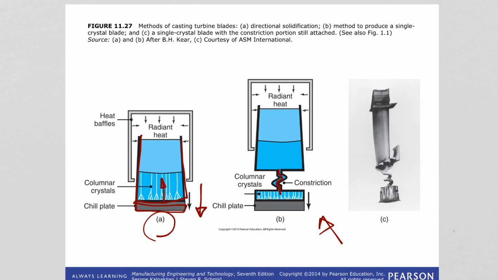The assembly is slowly lowered like the previous example, and then the crystal will grow upward through the constriction. This technique is actually expensive, but the single crystal material you obtain at the end doesn't have grain boundaries, which makes it resistant to creep and thermal shock. Therefore, the parts will have a longer and more reliable service life.